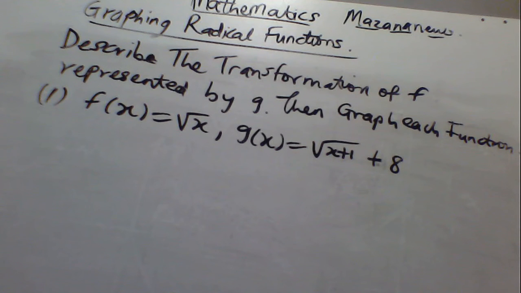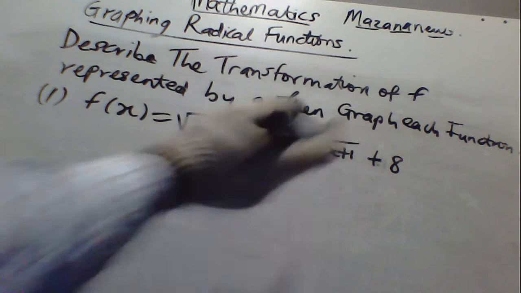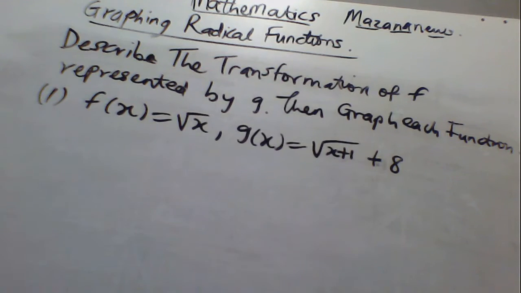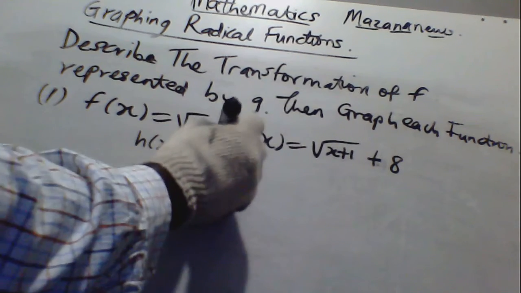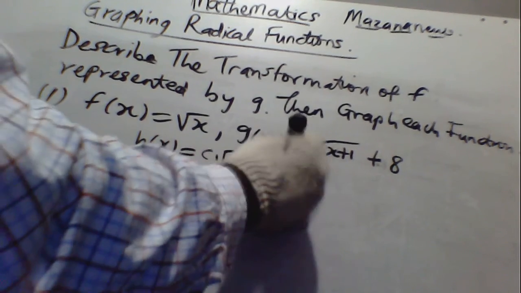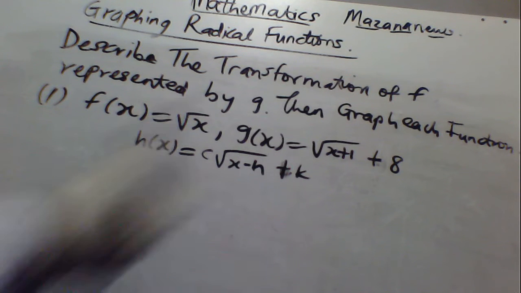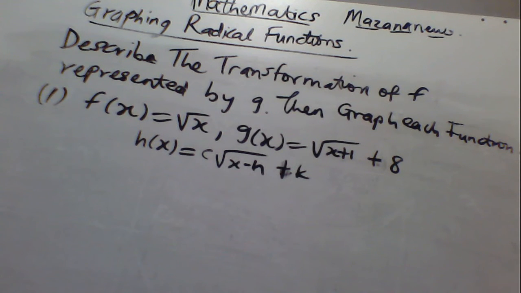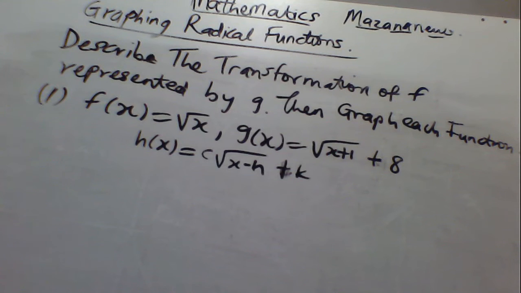Describe the transformation of f represented by g, then graph each function. So how do you do this? Looking at the parent, the square root, there's plus 1 here, and there's plus 8. This looks like g of x is equal to c times the square root of x minus h, plus k, where c is the vertical stretch or shrink, minus h defines the horizontal translation, and k defines the vertical translation.